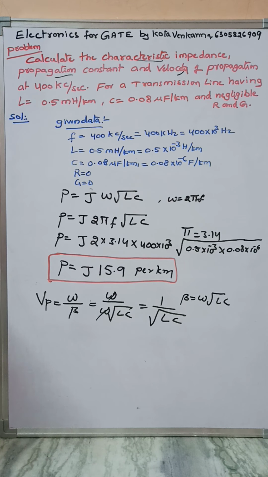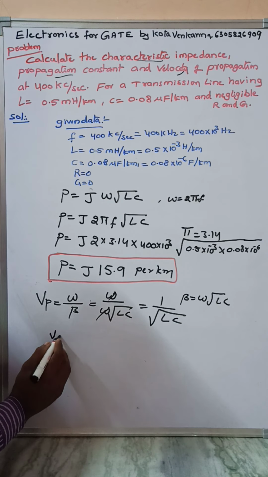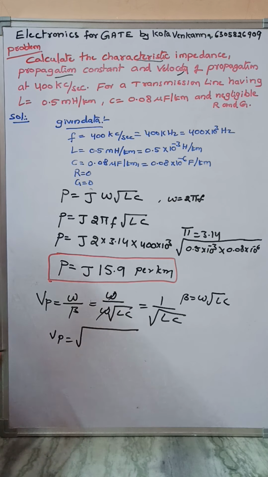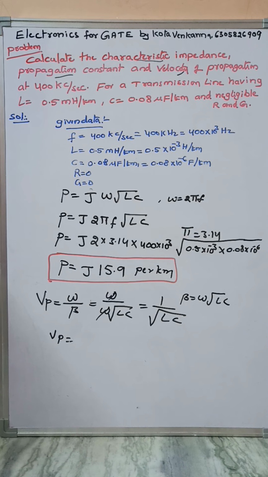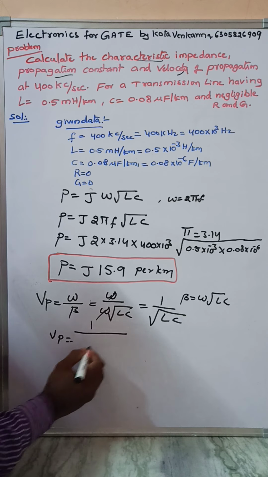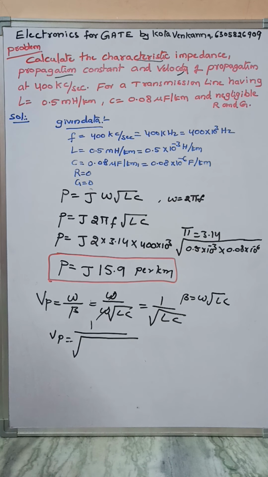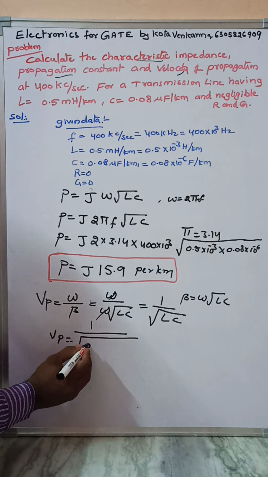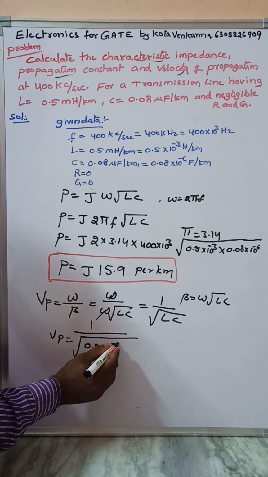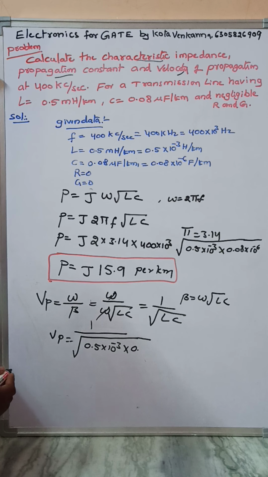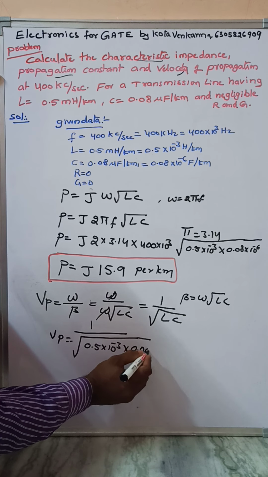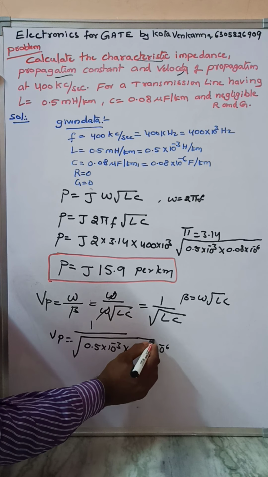So Vp is equal to 1 by square root of 0.5 into 10 power minus 3 into 0.08 into 10 power minus 6.